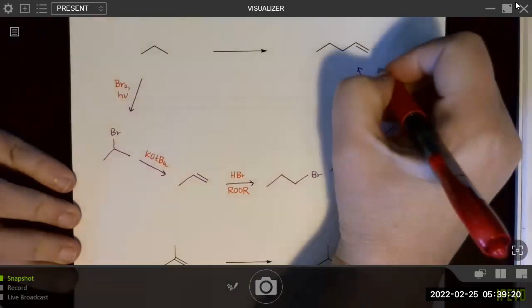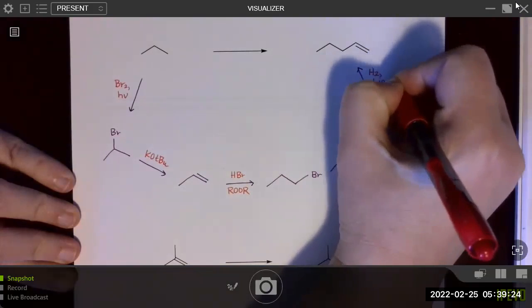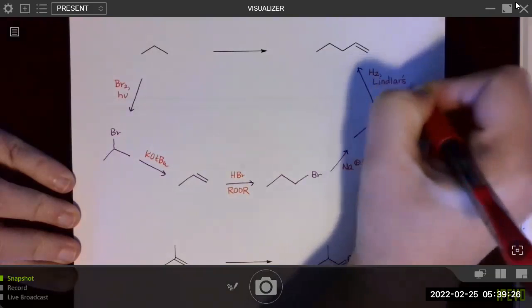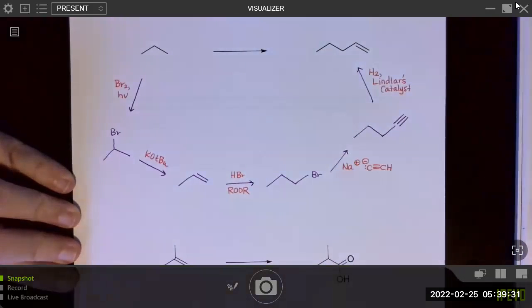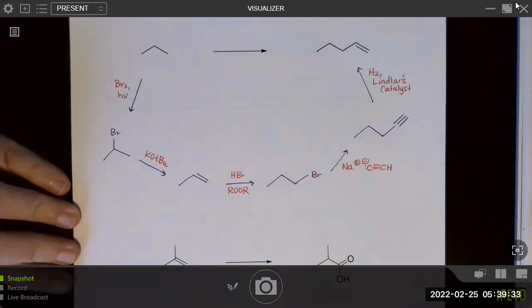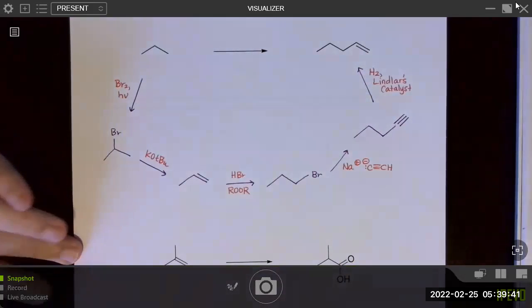So instead of that, we can either do hydrogen with Lindlar's catalyst, or in this case, we could have used sodium and liquid ammonia. Remember that hydrogen with Lindlar's catalyst gives a cis-alkene, and sodium with liquid ammonia gives a trans-alkene. But in this case, there's no stereochemistry, so we could just use either one.